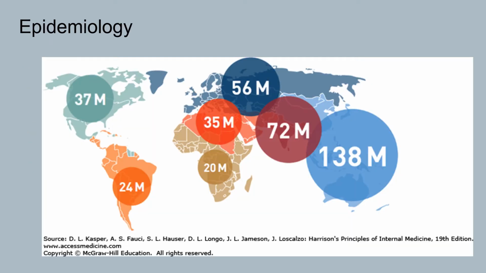The epidemiology of diabetes: it's very prevalent. You can see that there are certain areas of the world that have more diabetes than us, but that we, especially for a country of our size, are right up there.